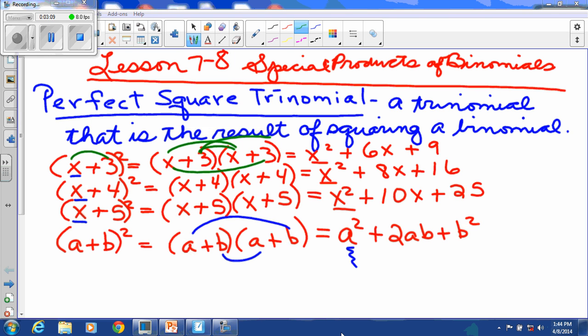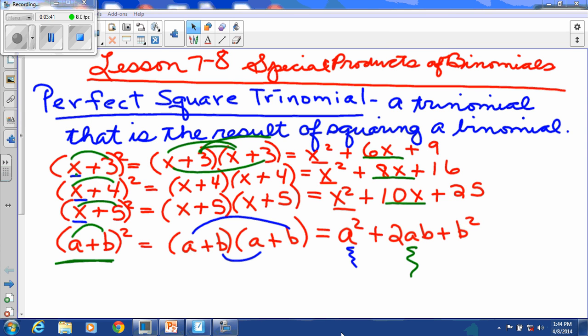So we get 6x because 3 times x is 3x, double is 6x. We get 8x for our second one because 4 times x is 4x, double it, you get 8x. For x plus 5, 5 times x is 5x, double it, you get 10x. In general, when you have a binomial squared, the middle term will always be the first times the last doubled. So in this case, the middle term is 2ab.